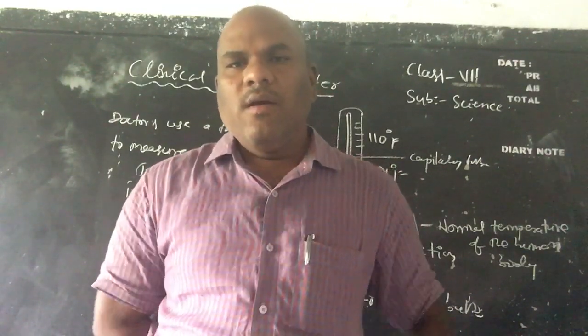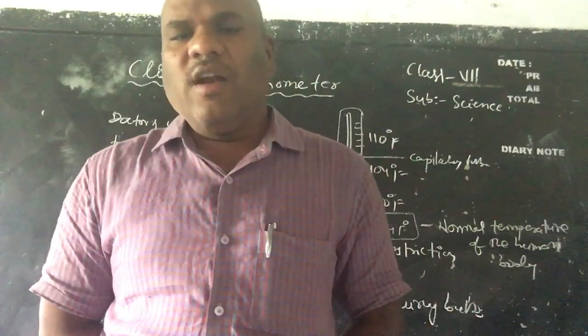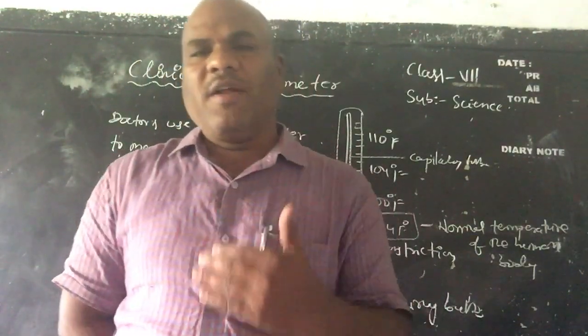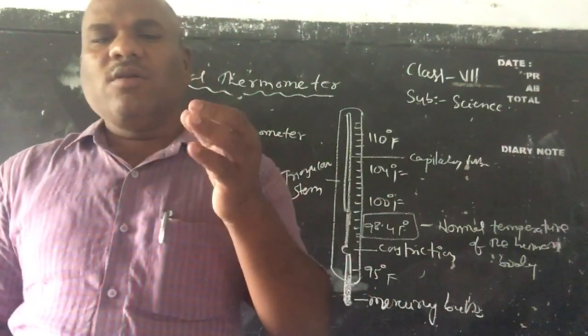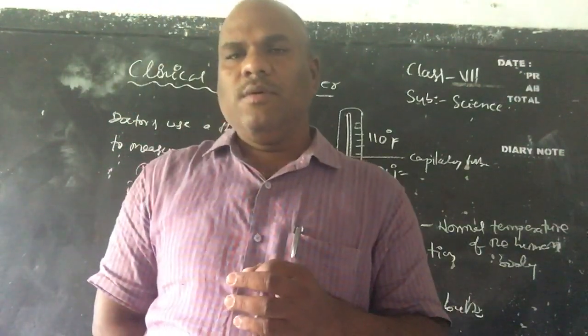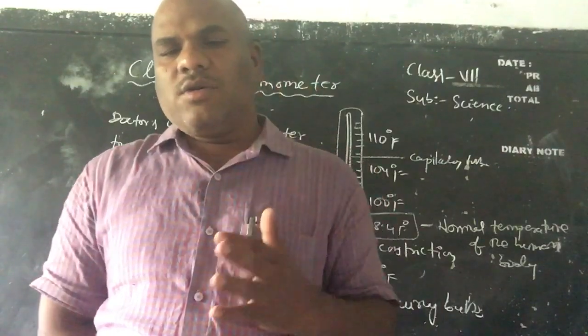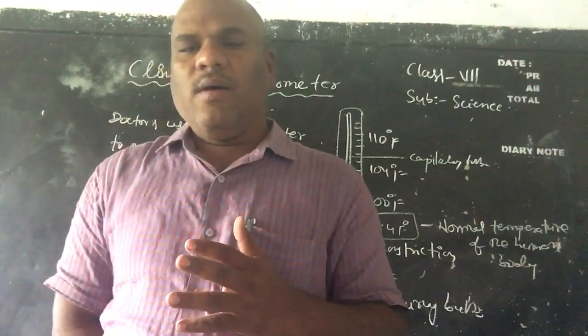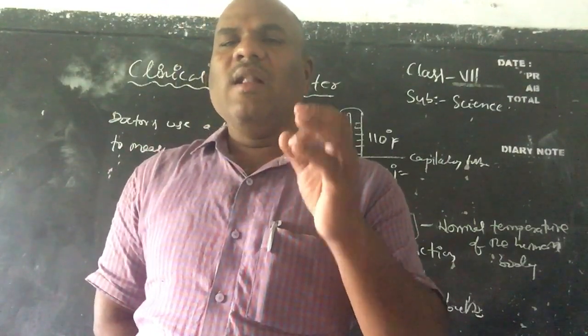without any instrument. So generally, children, to measure human body temperature, doctors use a thermometer to find out the temperature of human bodies. It is called a clinical thermometer, children.